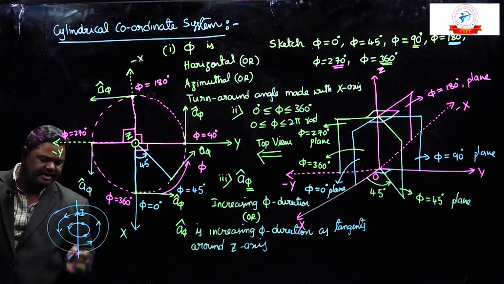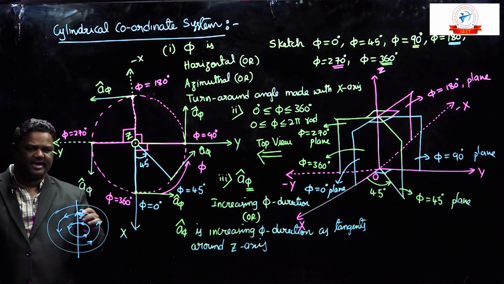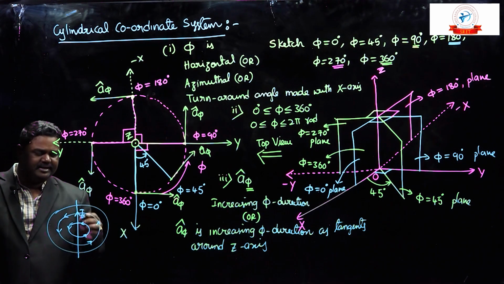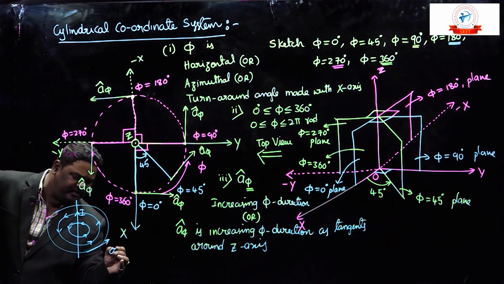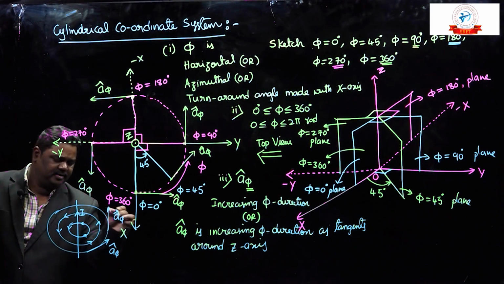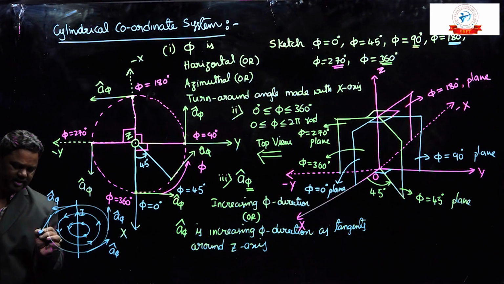Like this. So what is the direction of this magnetic field? This is the physical quantity which is rotating around a reference line, so its direction must be indicated with A phi cap. Its directions are nothing but A phi cap, like this.